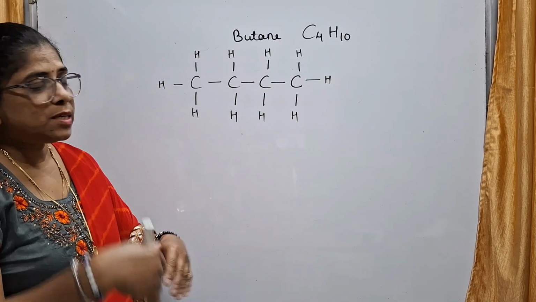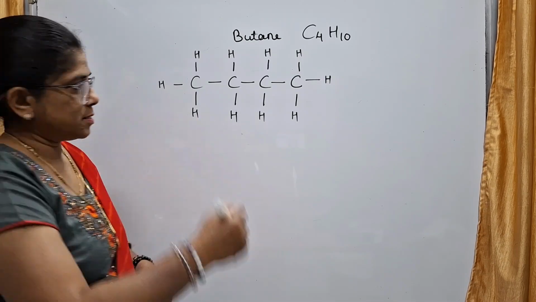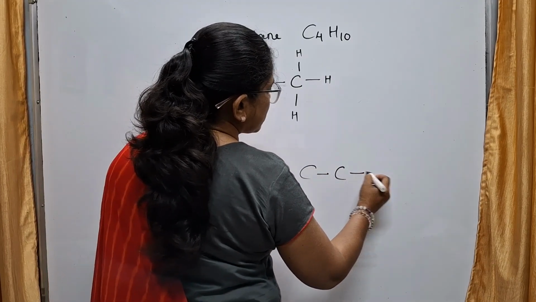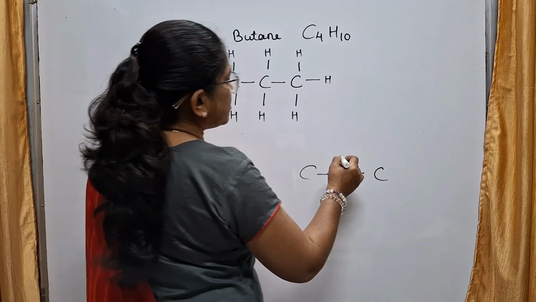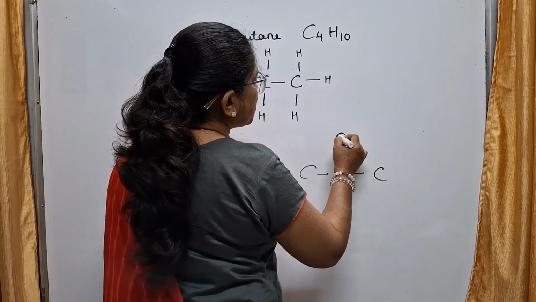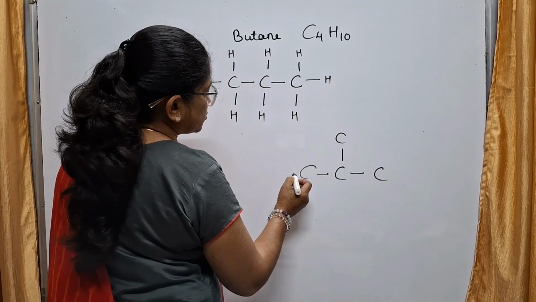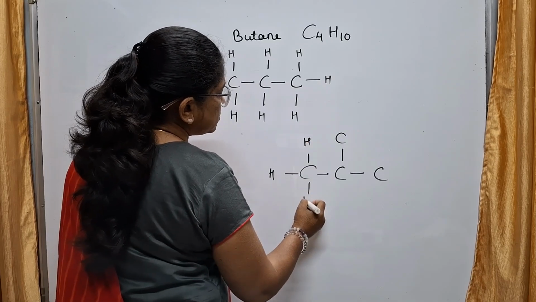Now this same butane can exist in a different form. Now the 4th carbon atom forms the branch structure. And now let's write the hydrogen.